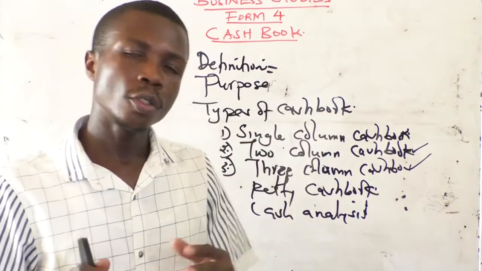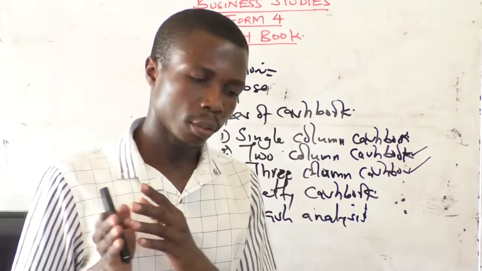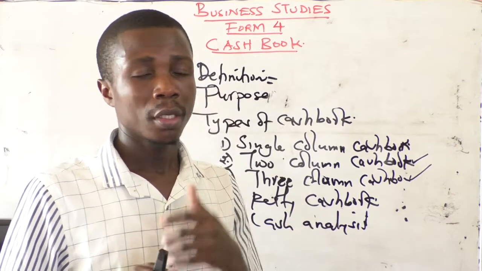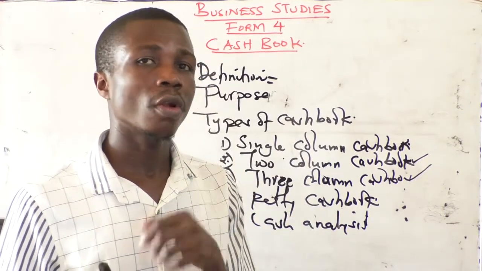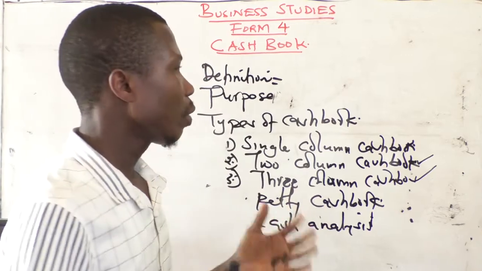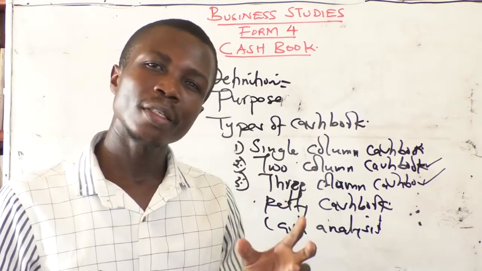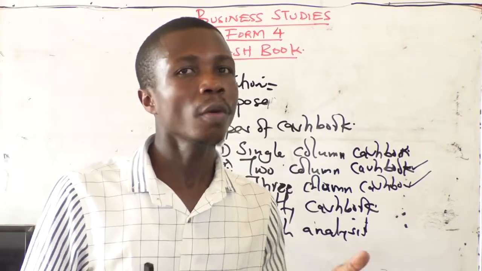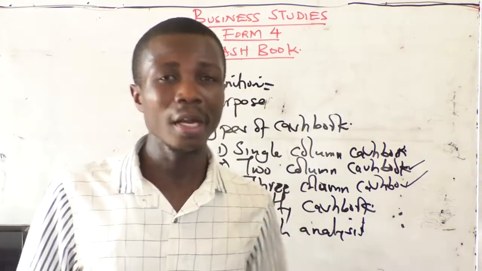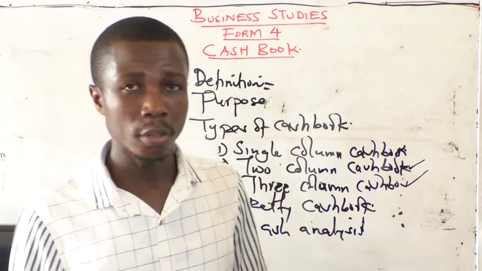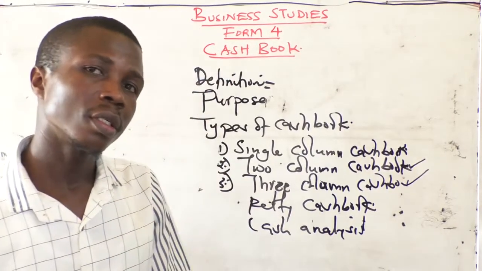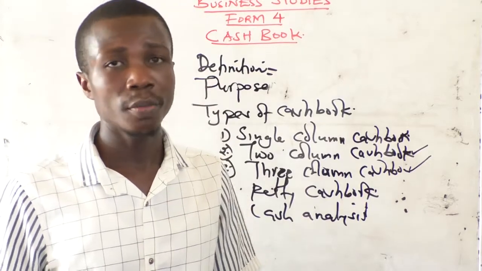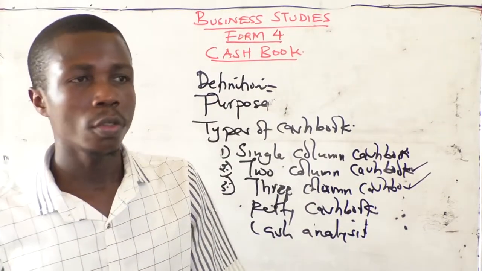Single column cash book, I want you to recall when we were preparing the cash account in the ledger. That cash account in the ledger is a single column cash book. This is whereby we record all the money received or used in form of cash in one account, and all the money used in form of check, received or paid outside the business, in another account.